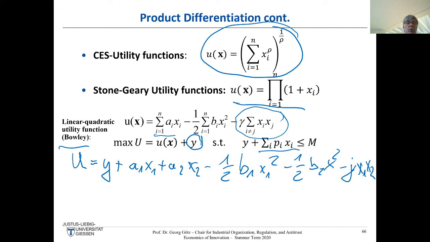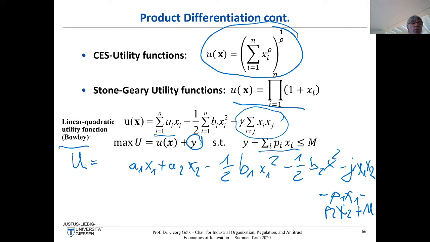So I just erase that here, and I add minus p1 x1 minus p2 x2 plus M.